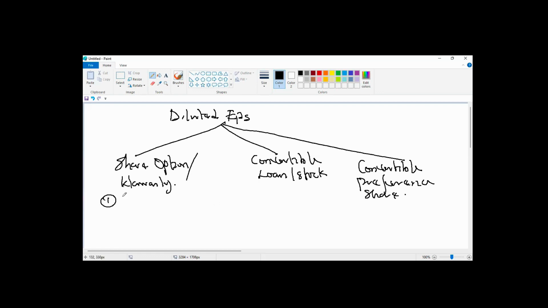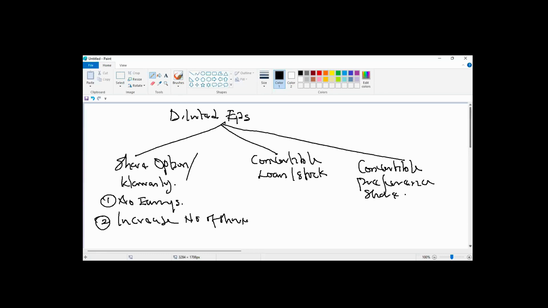Share options do not bring earnings to the organization, but they will increase the number of shares for the denominator.